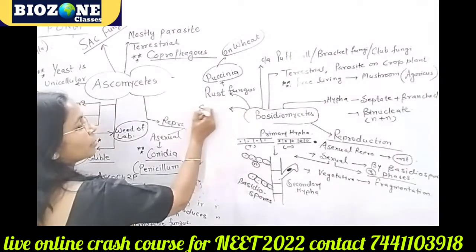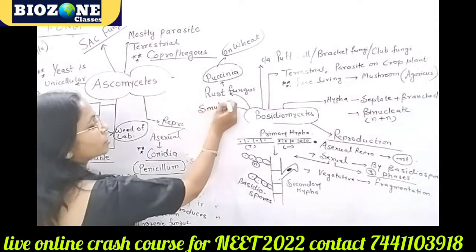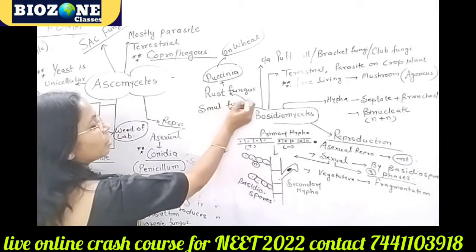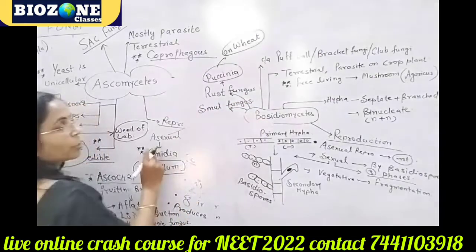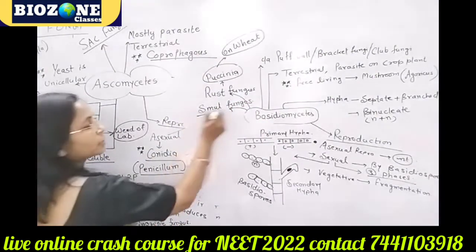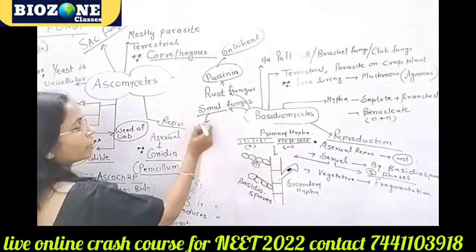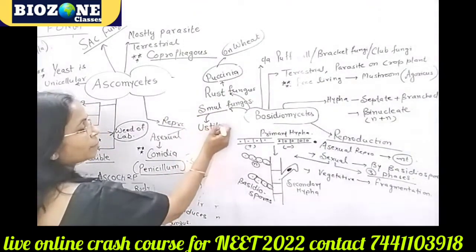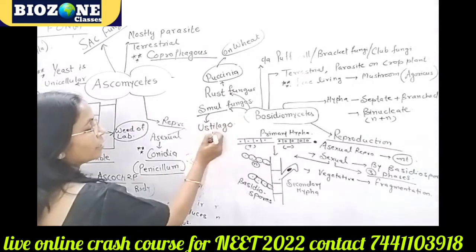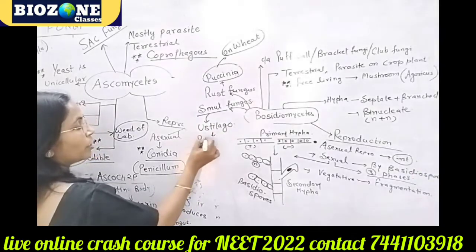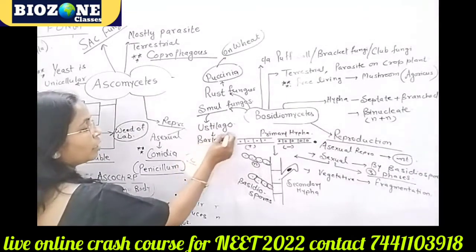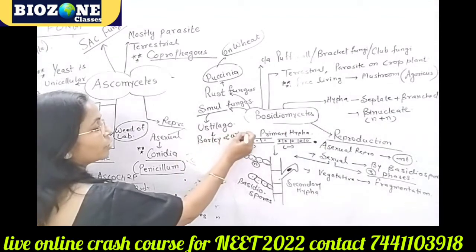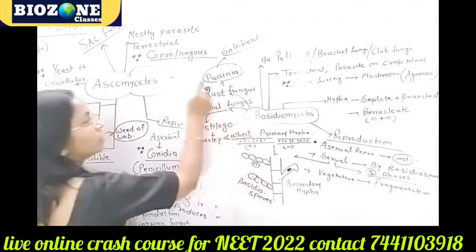Secondly, another example is smut fungus. So rust and smut are the two important examples of basidiomycetes. The smut fungus is Ustilago. Ustilago generally grows on barley and wheat. So the deadly diseases of wheat are rust and smut.